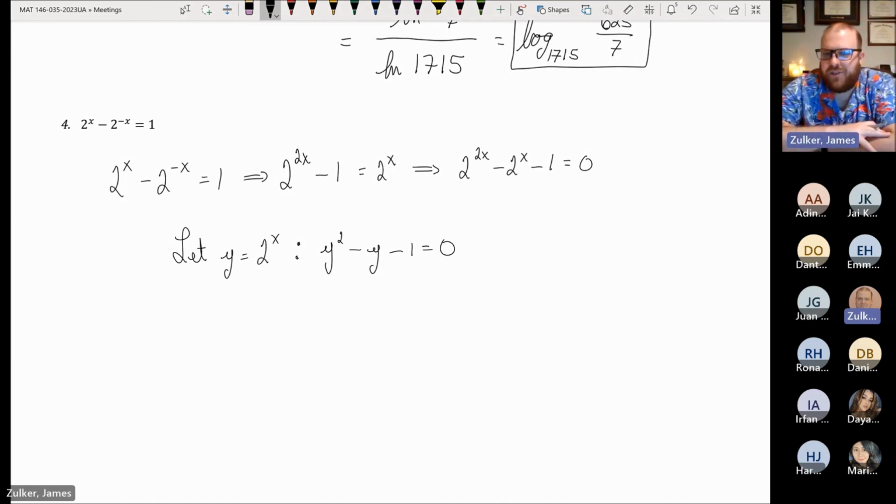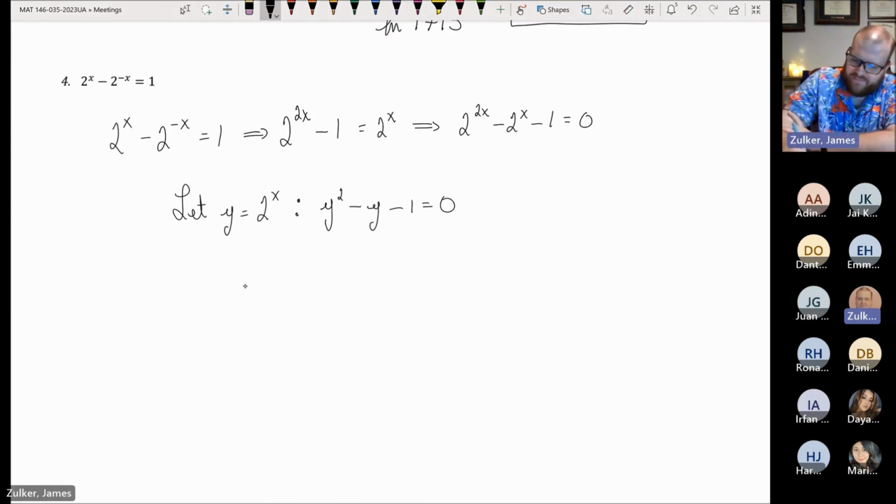This cannot be factored, right? So we have to use the quadratic formula.